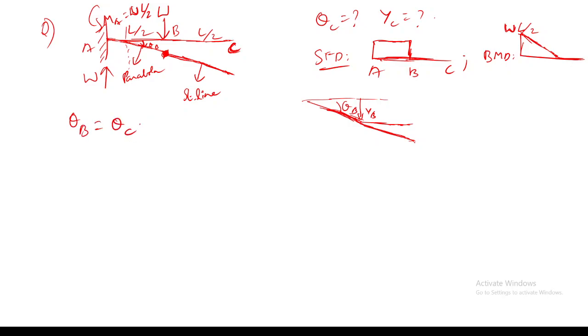And what can you say about YC? Up to here, you know the deflection is YB, but this is the total deflection YC, and you know this angle as theta B, right? So can you correlate this?